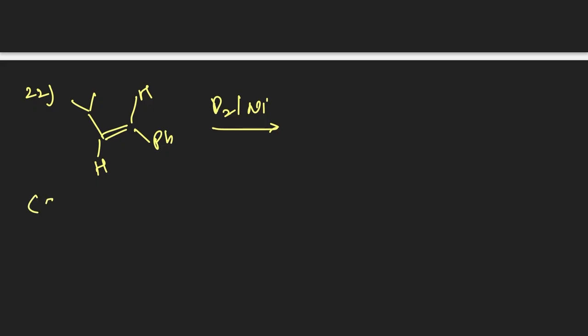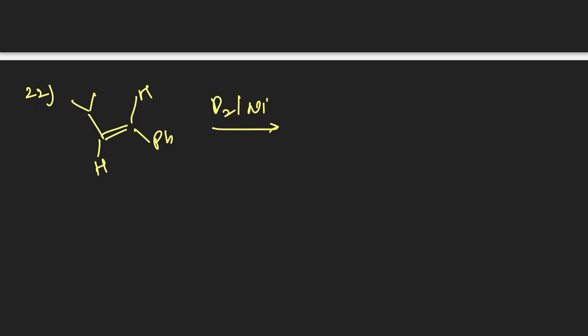22. We have this compound. Again now, this will give D2 Ni. It is cis, so it will form erythro. No, this is trans, not cis. It is trans, TST.